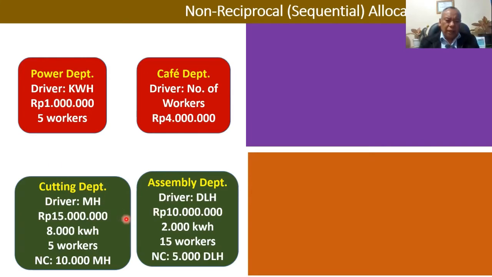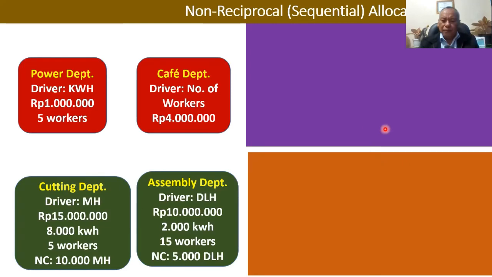The total workers are 5 for cutting, 15 for assembly, and 5 for power. So the allocation is the number of workers for each department divided by total workers times 4 million.